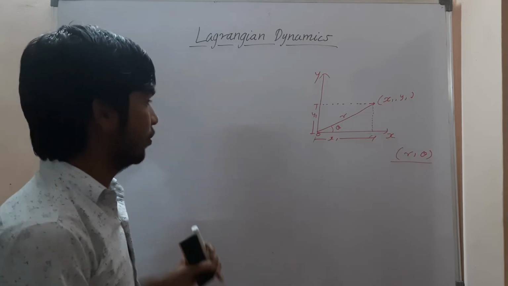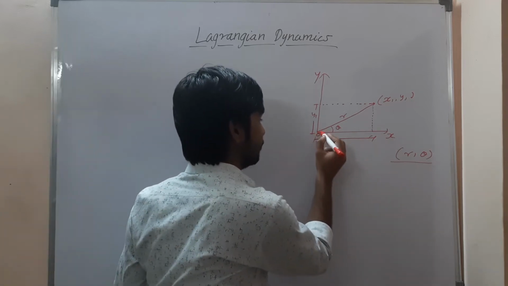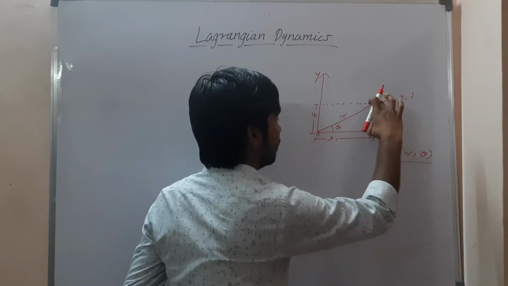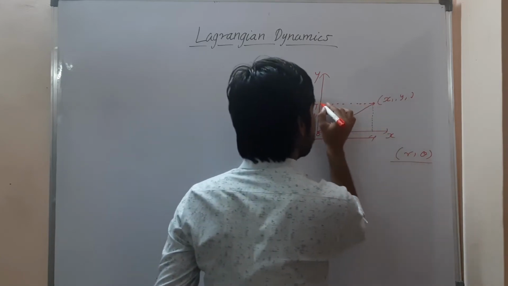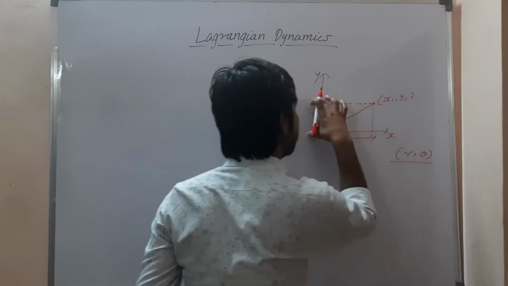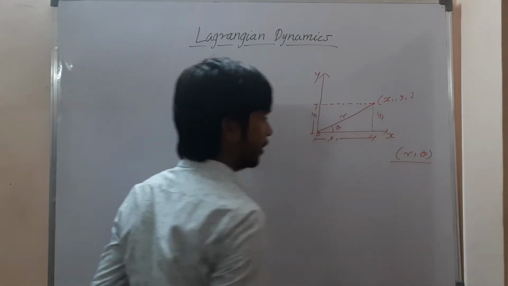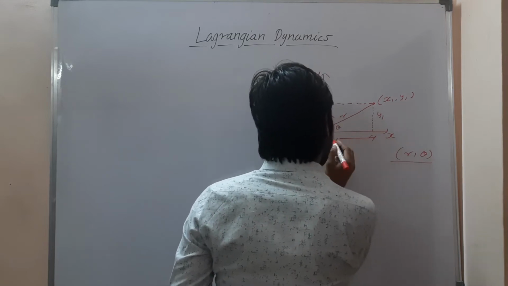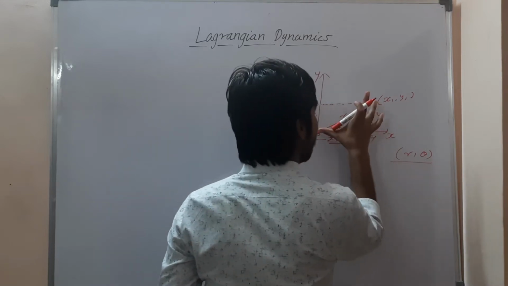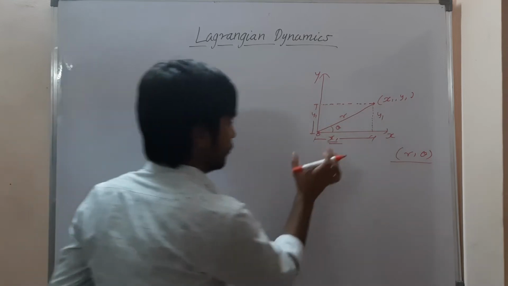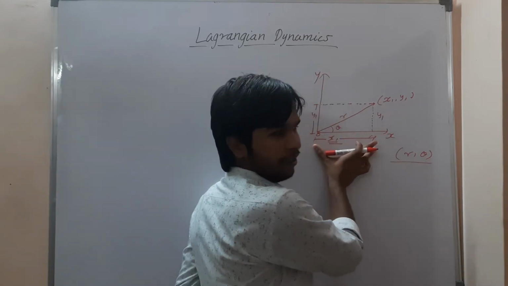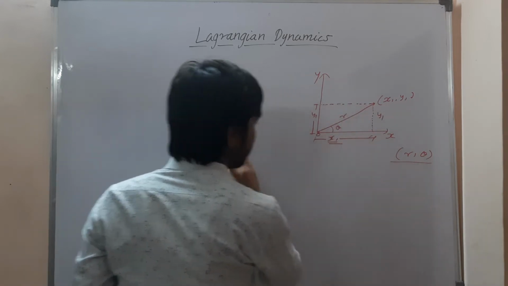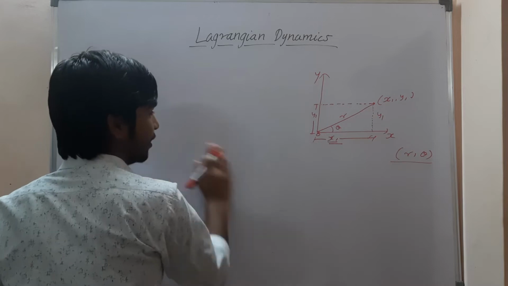So what is the relation? We can show it like this. If I consider the rectangular one, then this y distance is the same y1 here. Now if I want to find the relation between this one and this one, because this is part of the rectangular coordinate and this is part of the cylindrical coordinate, there is some relation between them.